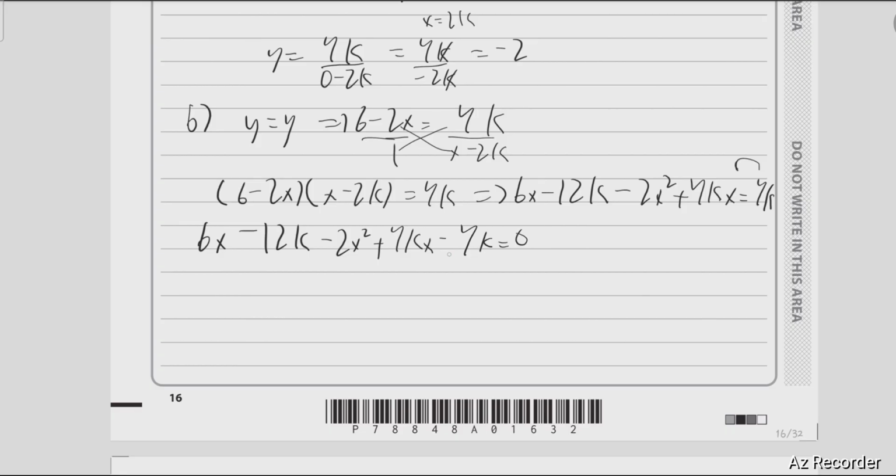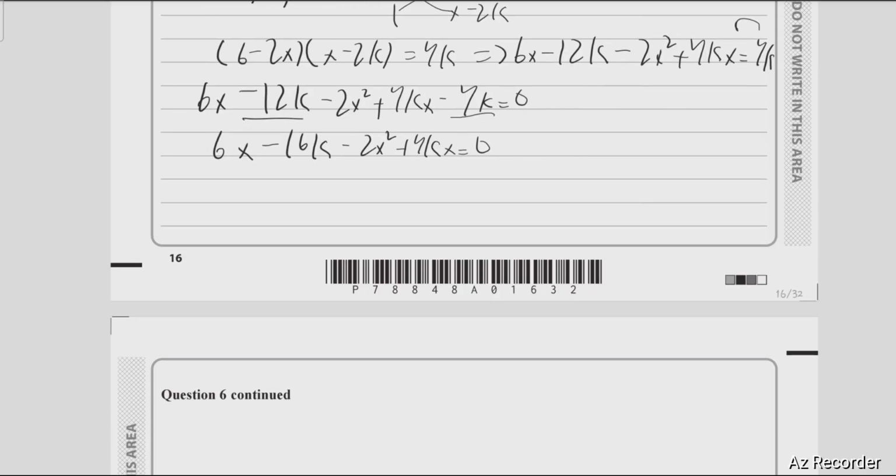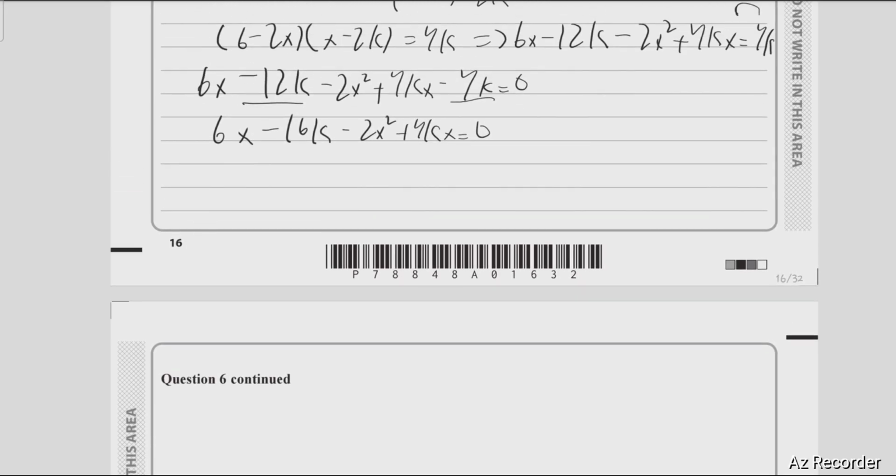Now we have negative 4k and negative 12k, so we can add them together to simplify even more. Let's write it in the quadratic type.